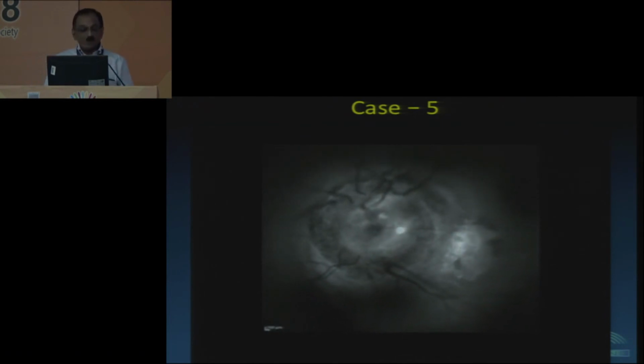Can somebody say what this is? This is just for interest. This is not something that you would see very commonly. Can somebody describe what you saw?